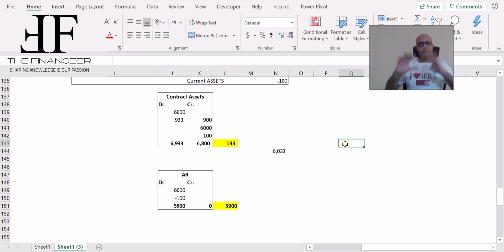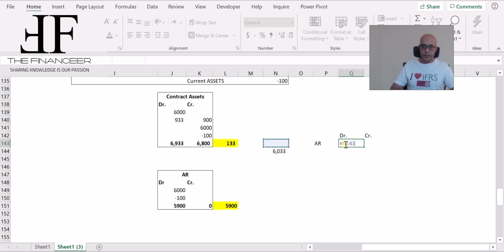So the entry after all of this is what? Yani the summation of all of this entry is what? Exactly like what you are saying, debit AR, let's say here, this is the debit and this is here the credit. Debit AR, sorry, with how much value? This is the value of the AR.